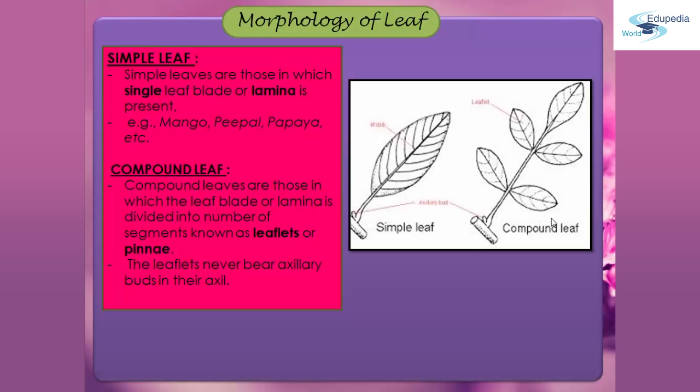Please note that. So, the compound leaves are those in which the leaf blade or lamina is divided into a number of segments known as leaflets. See, these are your leaflets because the incision has gone down to the midrib and it has broken it into a number of leaflets. That's why it is called a compound leaf.